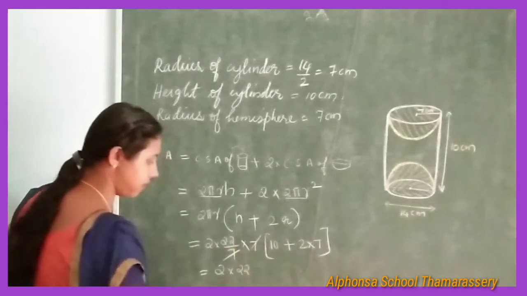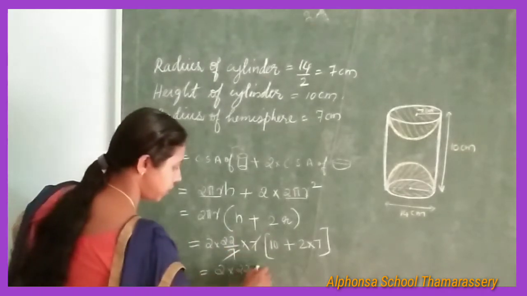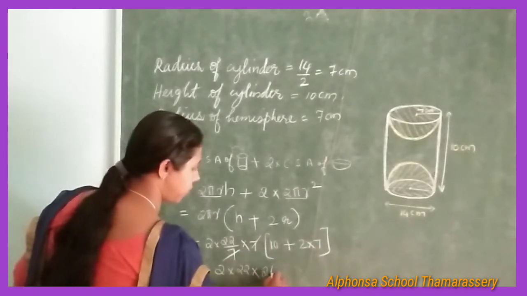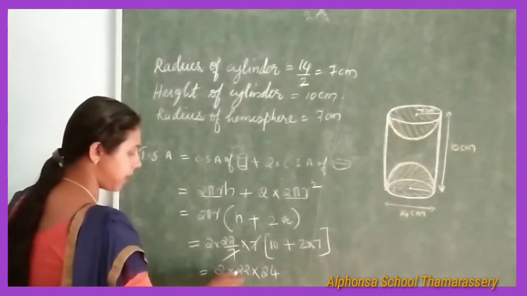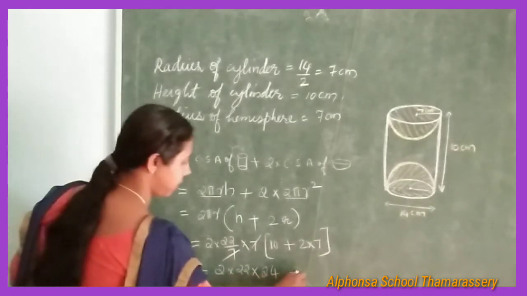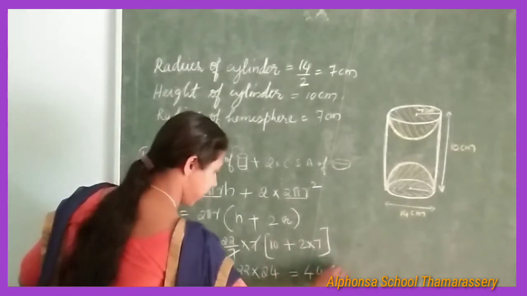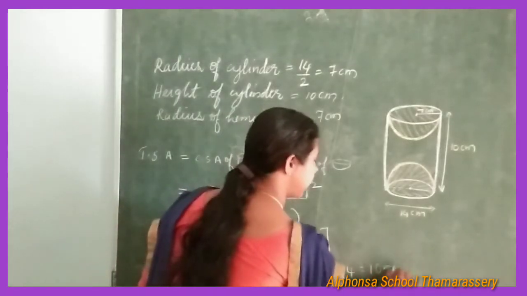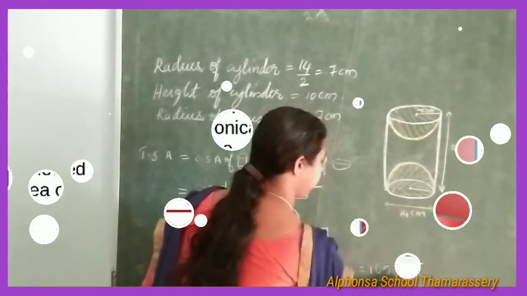Here 7 and 7 will be cancelled. So 2 into 22 into 10 plus 14. 10 plus 14 is equal to 24. So when you multiply 2 into 22 into 24, we get 44 into 24, which is equal to 1056 centimeter square.